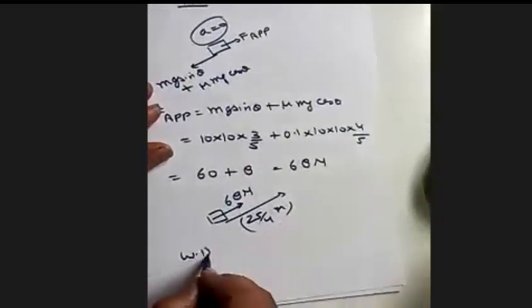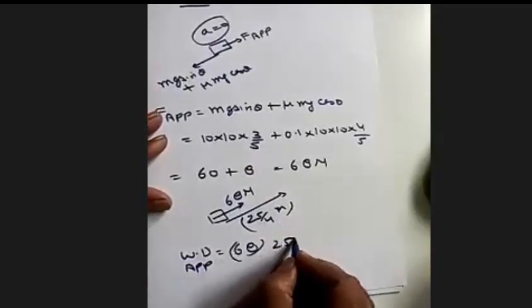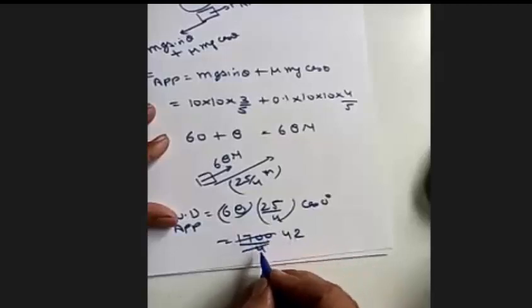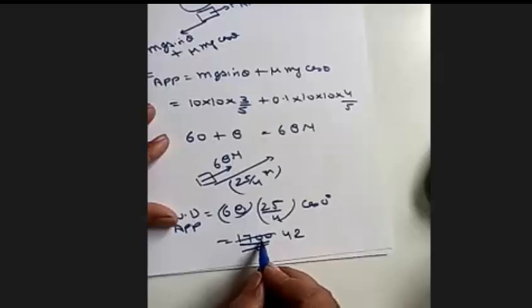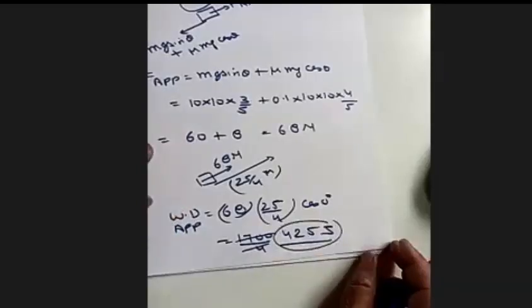So work done by applied force is equal to force, displacement and cos of angle, which is cos of 0 degree. This comes out to be 68 into 25 by 4; dividing 68 by 4 gives 17, and 17 into 25 is 425. Is the answer coming as 425 joules, beta?